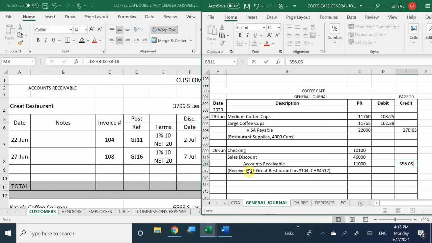How much does Great Restaurant owe me for invoice number 104 in grand total? 556 and 5 cents. Good. How much was the discount for? $5.26. So therefore, the checking is how much?